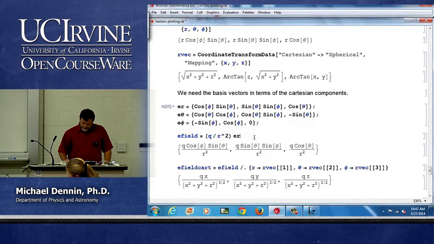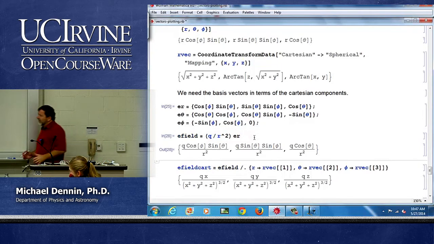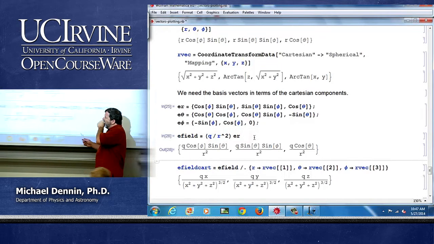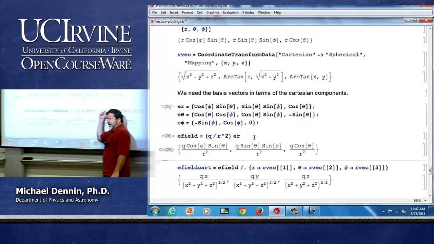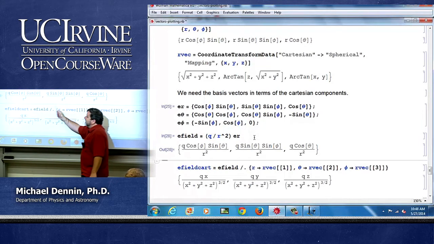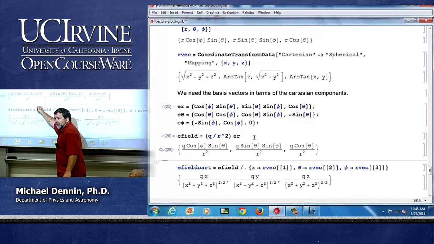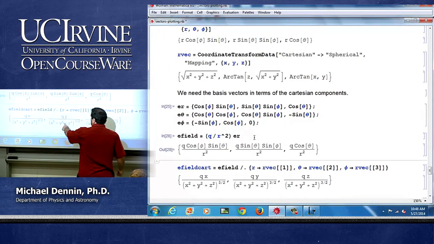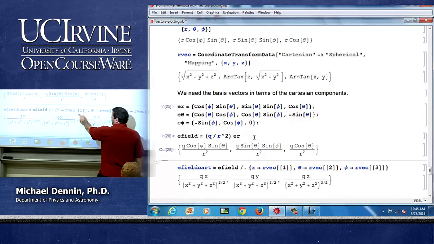So now we have our E field. This is the x hat, y hat, z hat component of our E field. But it's now still a function of theta, phi, and r. So what I do is I slash dot my r, theta, phi conversion into x, y, z, which I got from up above.